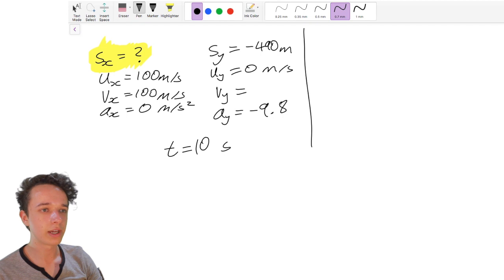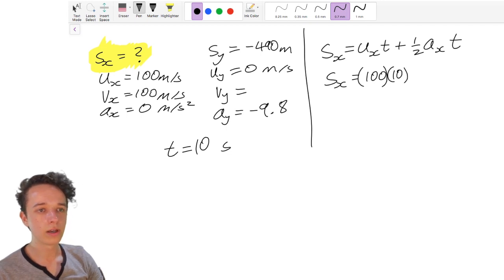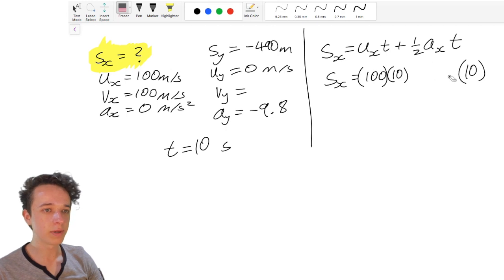And now we can use that same equation, except now considering the x component, to find Sx, right? So our Sx is what we're trying to find. Ux we have as 100. T we have as 10. Plus half of Ax, which we know is 0, times T, which is 10. The 0 will make everything here disappear.